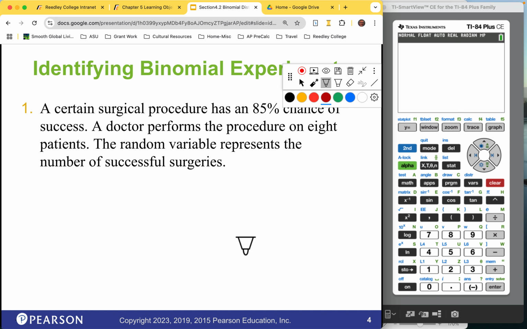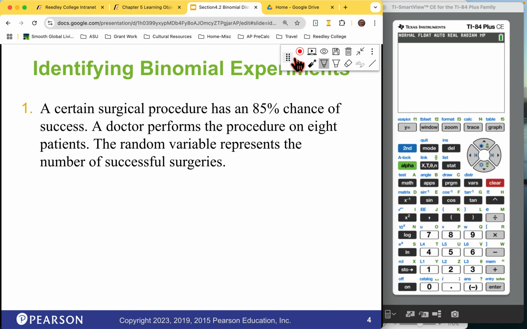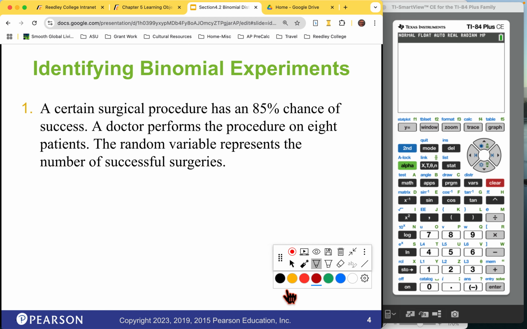So here's one, and this one we just want to identify, is it binomial or not? So a certain surgical procedure has an 85% chance of success. The doctor does a procedure on 8 patients, and the random variable represents the number of successful surgeries. Is that binomial?